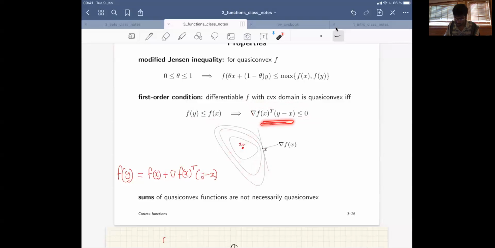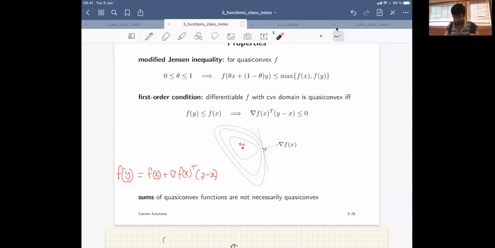How is it coming? It is coming from the definition. We know the equation of a tangent or hyperplane here, right? This is the equation. From this, if you consider f of y minus f of x, and that is less than or equal to 0, then you can equivalently define this, right? So now the interesting point is, what does this mean? This is the equation of a half space.